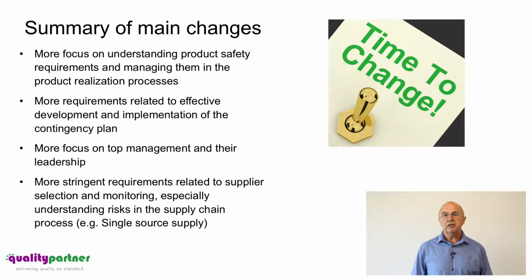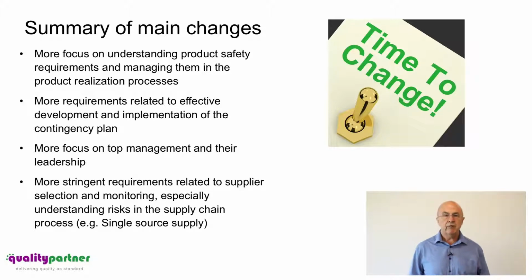The second big change is about contingency planning. Contingency planning has always been a requirement within the automotive certification scheme. This is a document that looks at the potential things that could go wrong in supplying to the customer and making sure there are effective contingencies in place.